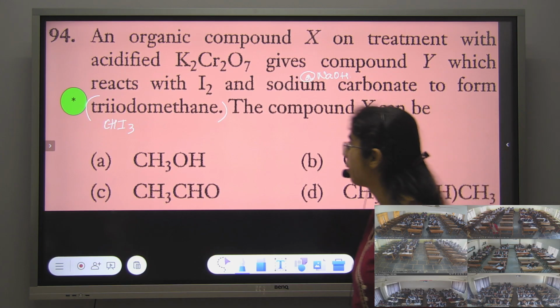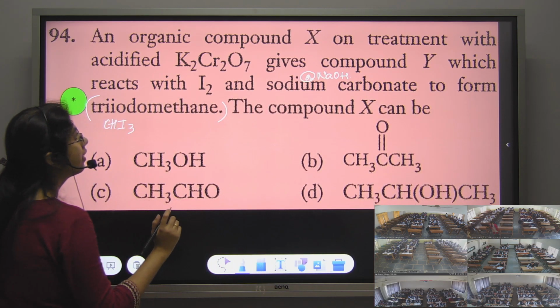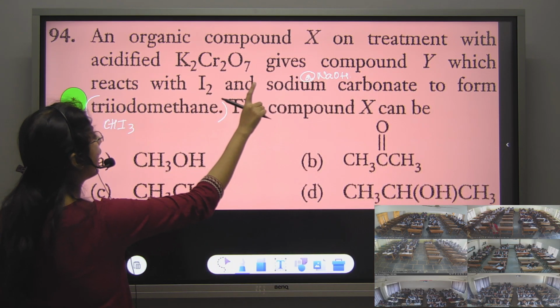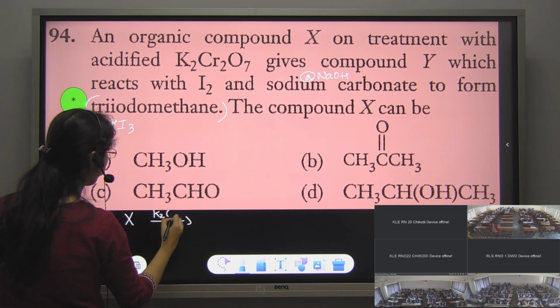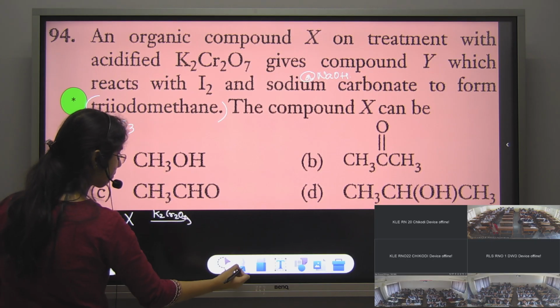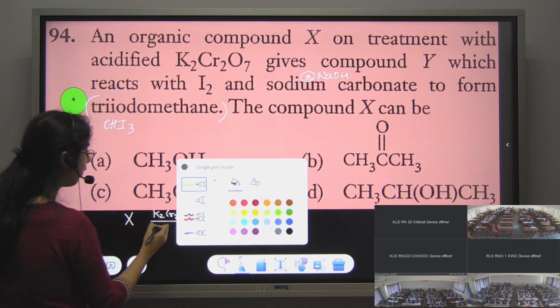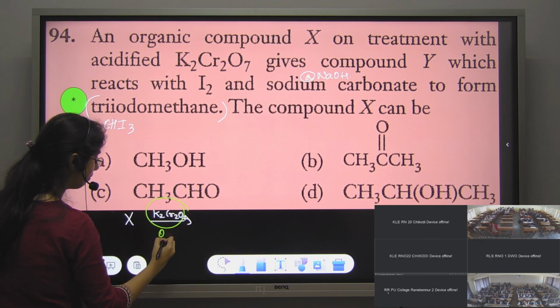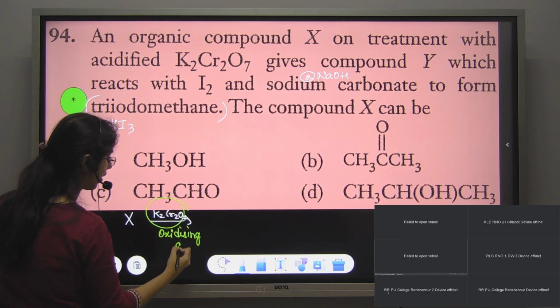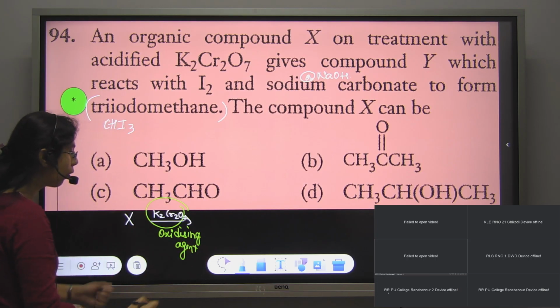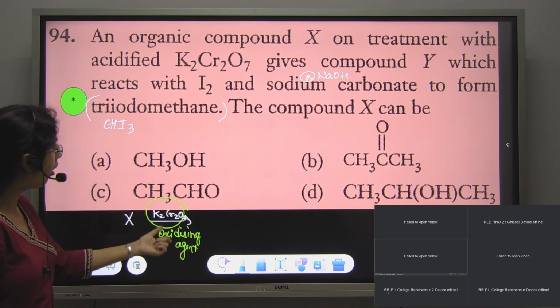Okay, I'll discuss. Look, an organic compound X on treatment with K2Cr2O7. What kind of reagent is this? Oxidizing. This is an oxidizing agent. So you have to take something that undergoes oxidation.